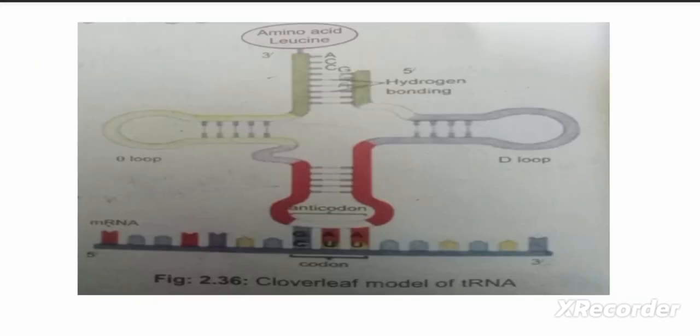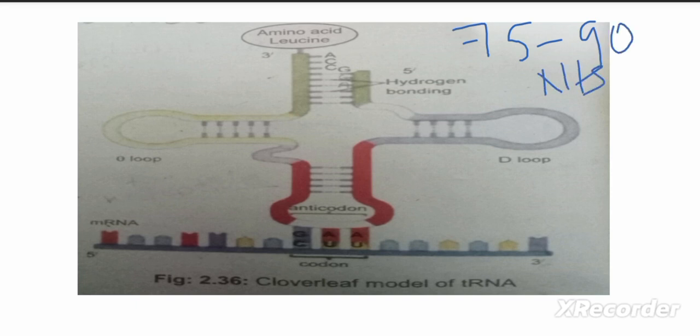This is a transfer RNA molecule. It consists of almost 75 to 90 nucleotides. Transfer RNA is a single-stranded molecule, but here it shows a duplex molecule at some regions where the complementary bases bond to each other, and here the duplex would be formed.